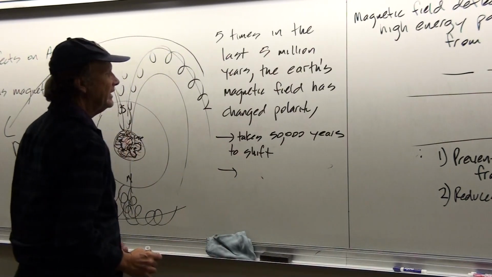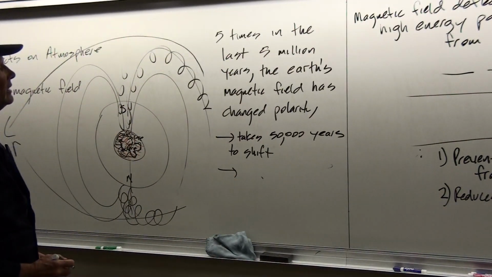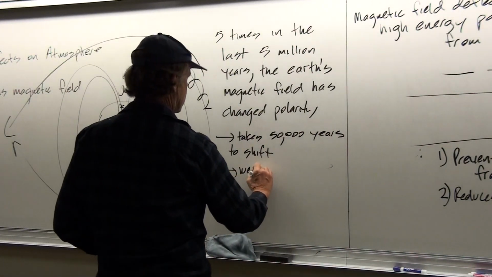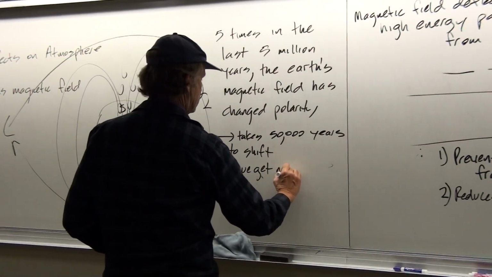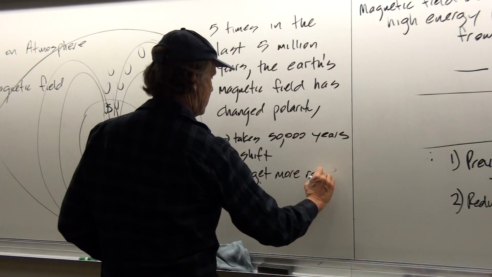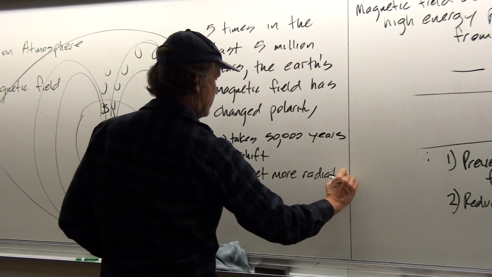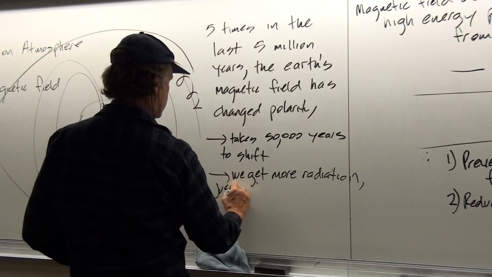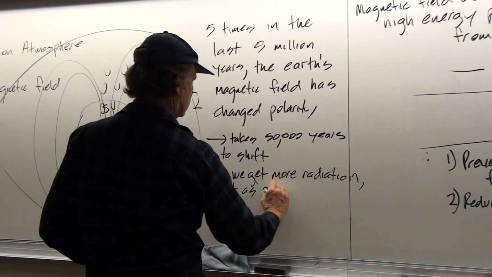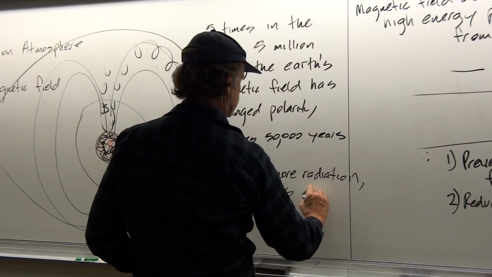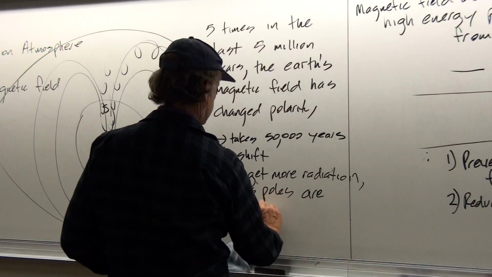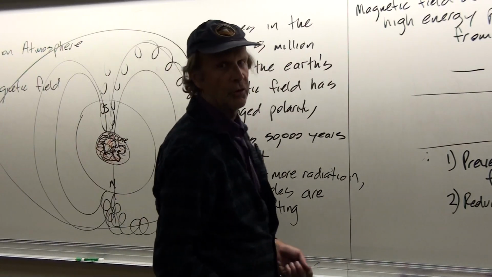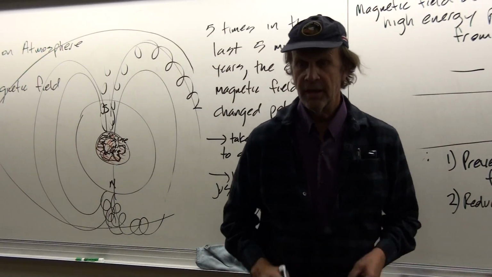So we get a lot of radiation while the magnetic poles are shifting, and they're changing from north to south or south to north.